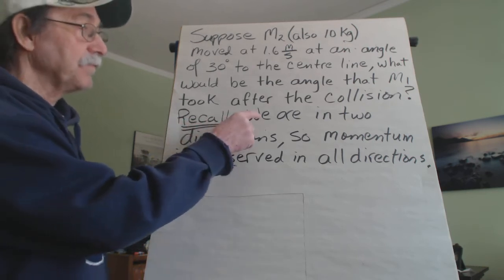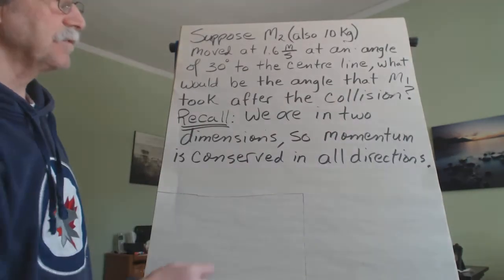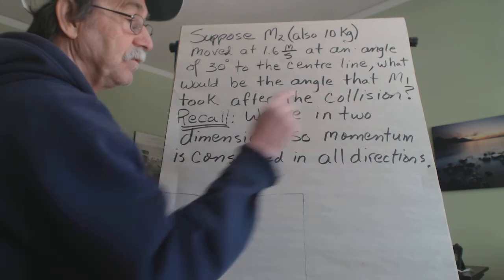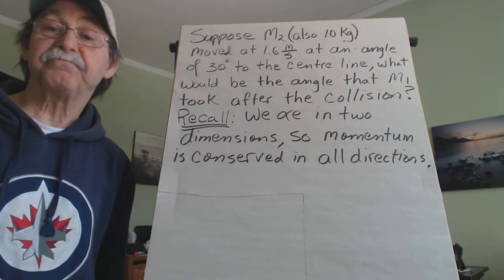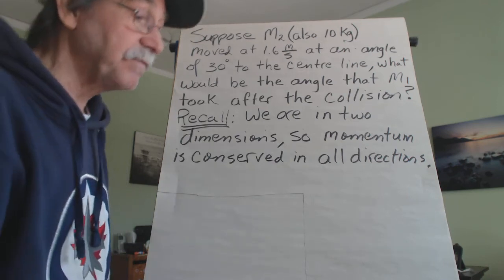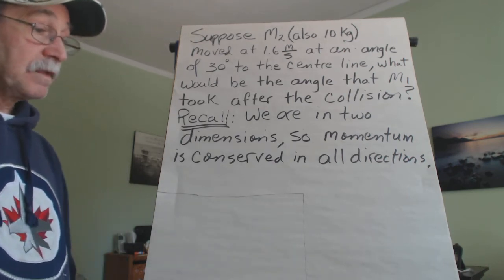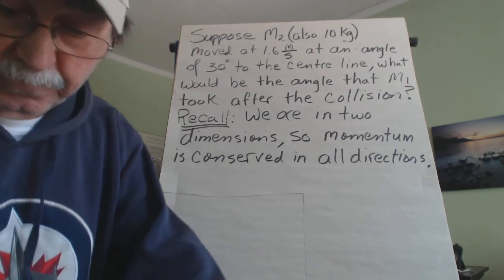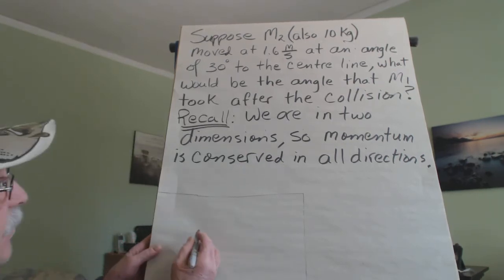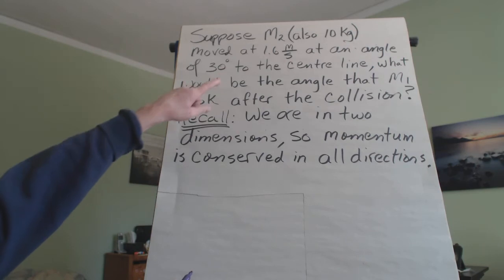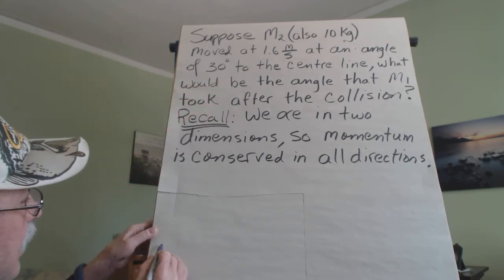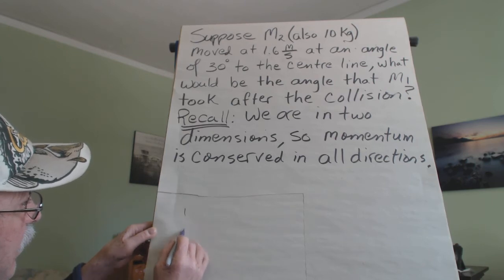Recall, we are in two dimensions, so momentum is conserved in all directions. I think I have enough information here, so I'll just get you started. M2 is moving at 1.6 meters per second, so I'm going to draw M2.